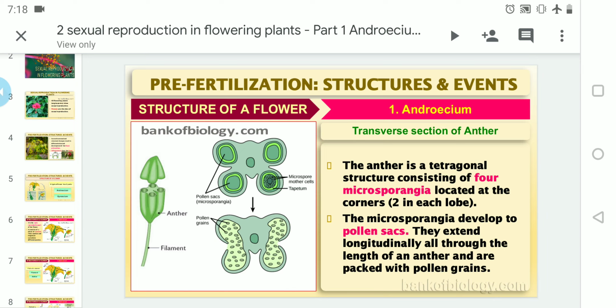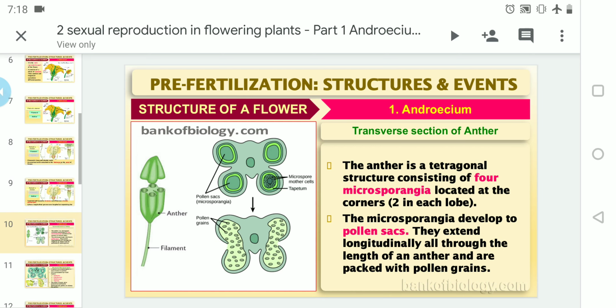The microsporangia develop into pollen sacs. They extend longitudinally all through the length of an anther and are packed with pollen grains.